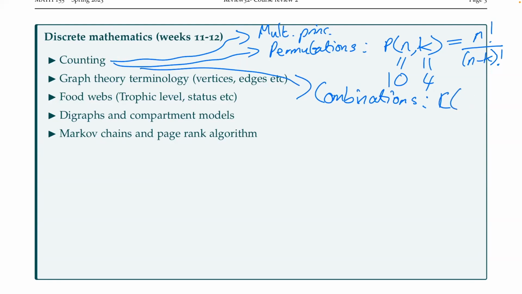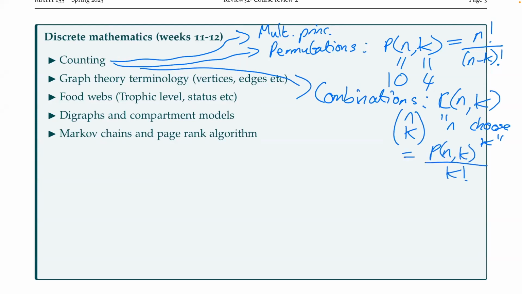In its most general format, we write it as C(n,k), or in this bracket form here, which is read as n choose k. And this is just our permutation divided by k factorial. So just remember, permutations where you care about the order, combinations where you don't care about the order.